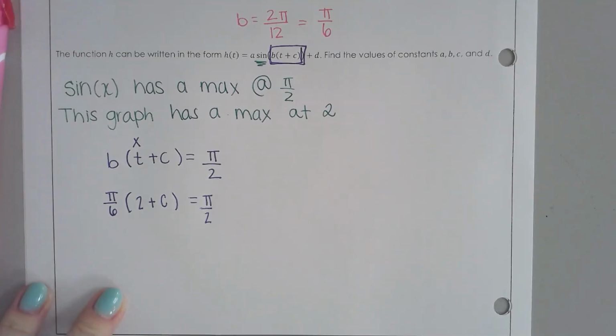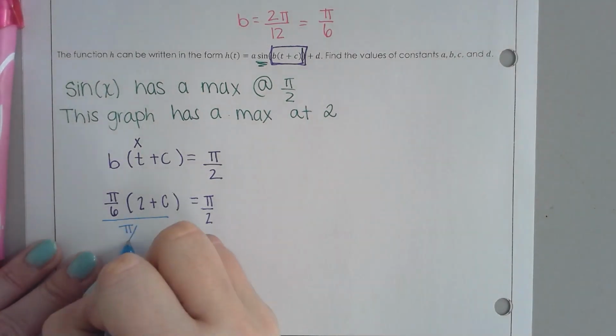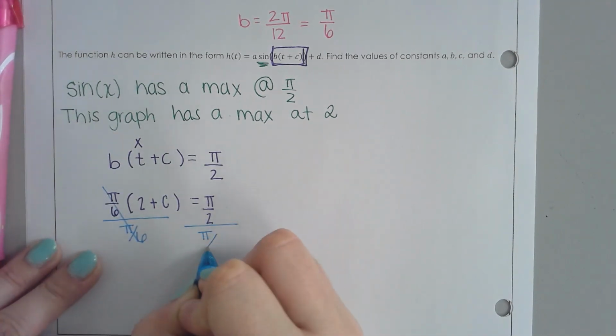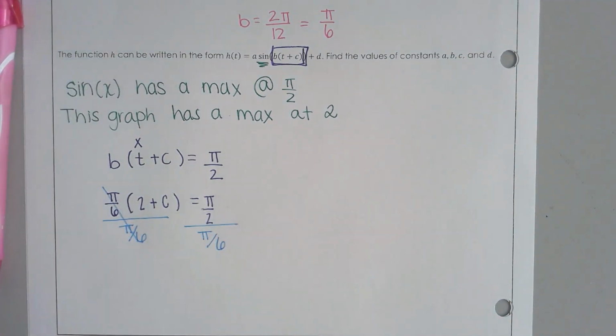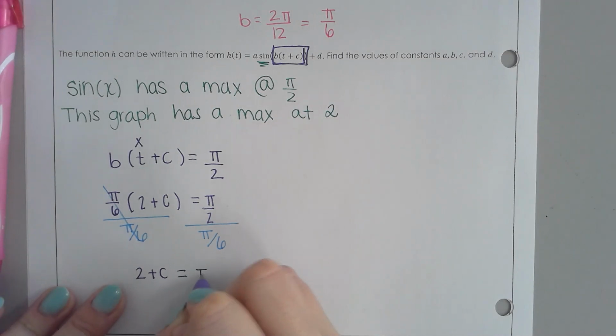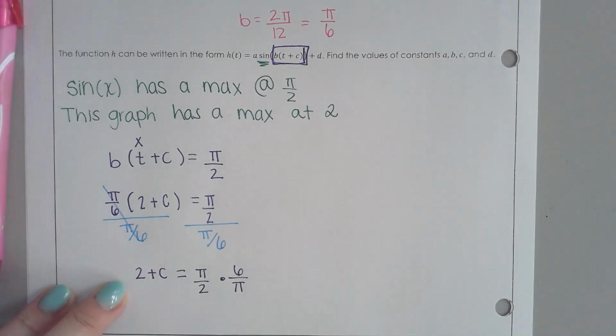And now it's just solving algebraically. What I would do first actually is divide both sides by pi over 6. And when you divide by a fraction, that is the same thing as multiplying by the reciprocal.